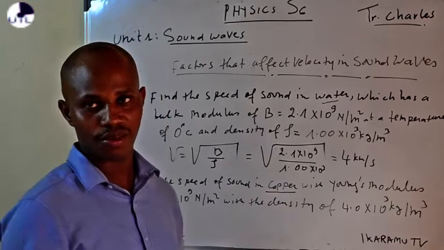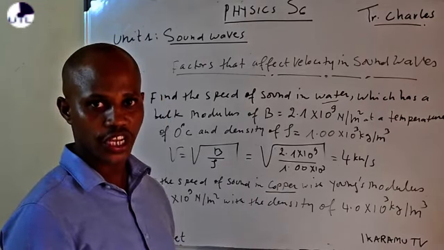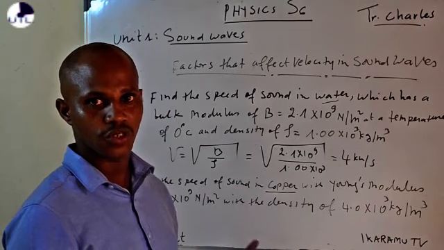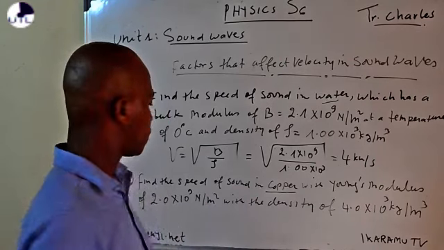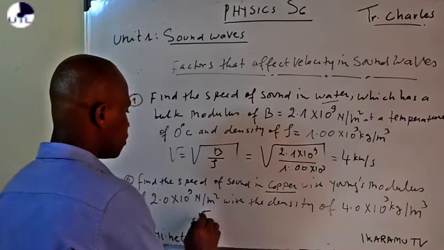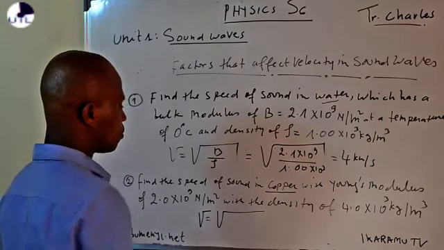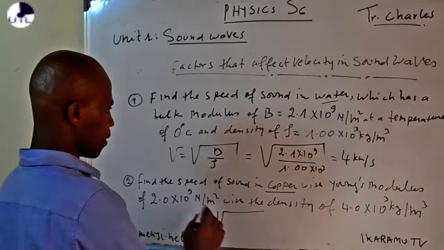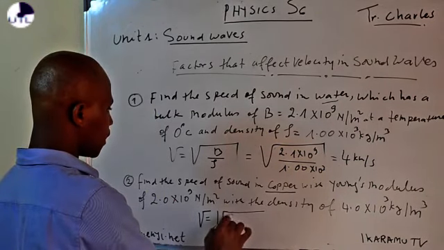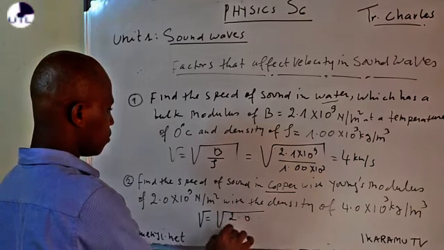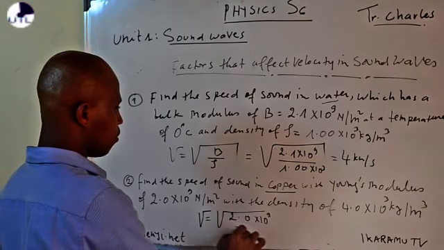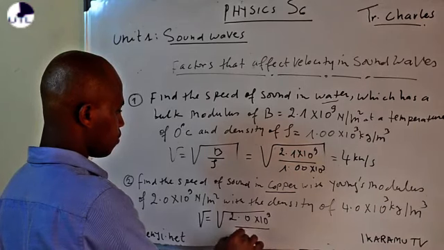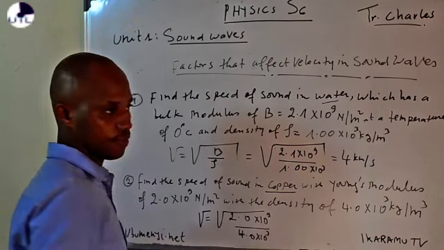The idea is the same, apart from changing from bulk modulus, you replace it by Young's modulus. Then the speed will be equal to the square root of Young's modulus, that is 2.0 times 10 to the power 9 over 4.0 times 10 to the power 3.